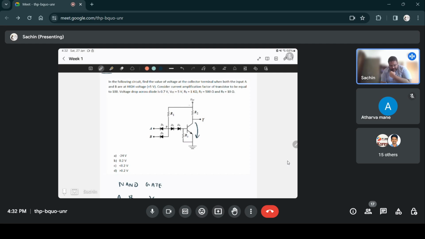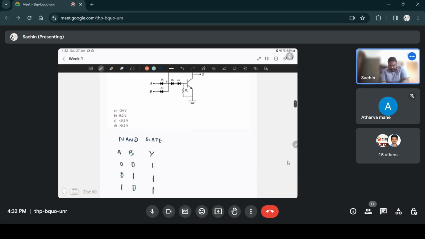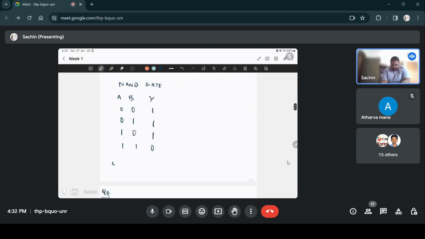You could write the KVL and KCL equations across this path and this path and try to solve it that way. But that's not needed here. Okay, so it's option C.